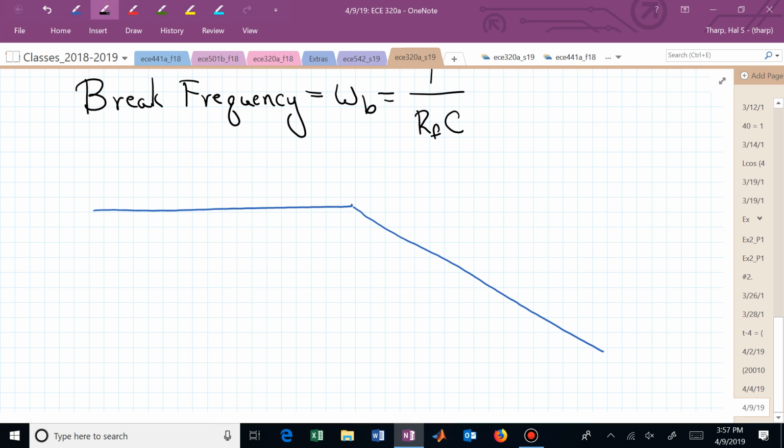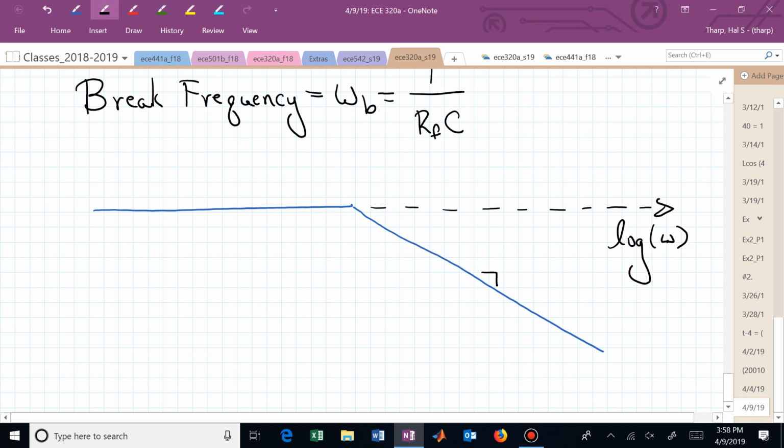How fast are we sloping once we start sloping? Do you remember what we said? If we were looking at this, this is our frequency axis, but it's actually the log of omega, and the log of omega allows us to put a lot of frequencies within a shorter width on our paper. And it makes the drawing easier. We have a dB scale. This is now the magnitude of H sub 3 of j omega in dB.